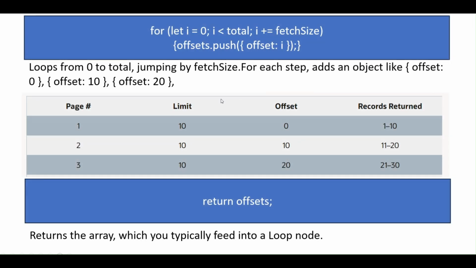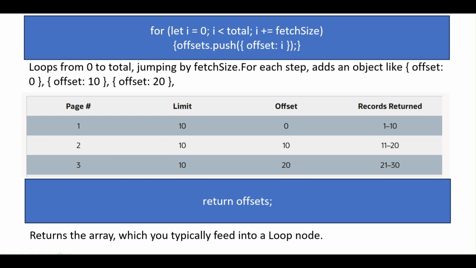What will happen is, first it starts with 0, with a limit of 10, and records 1 to 10. Then it goes to the next page, the limit is 10, the offset becomes 10, and it fetches the next records, 11 to 20. Then on the next page it fetches with limit 10, and the offset becomes 20. So it keeps increasing, and then it retrieves records 21 to 25. And 25 is the maximum, so that's why this will end.